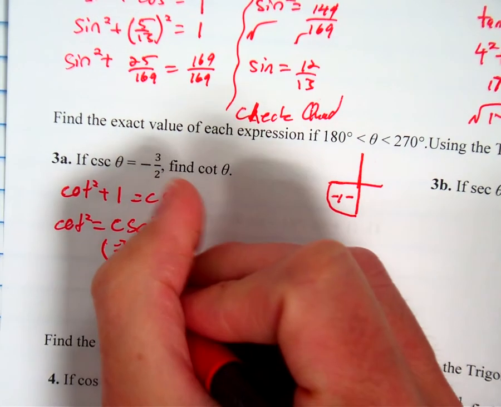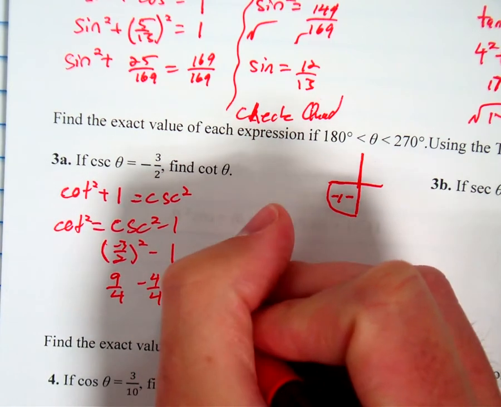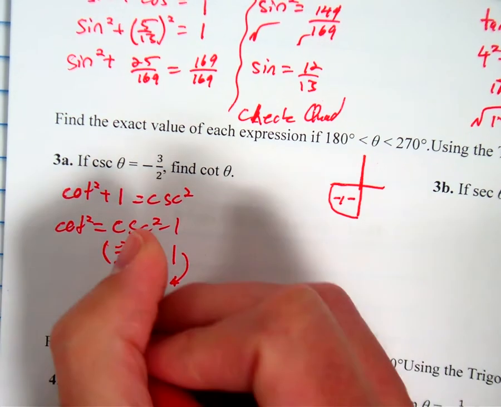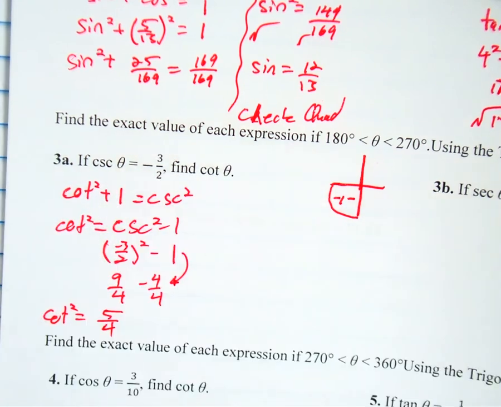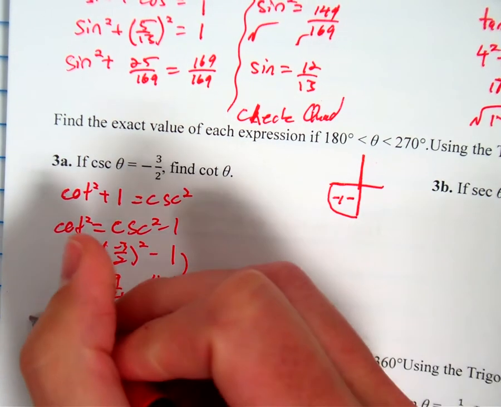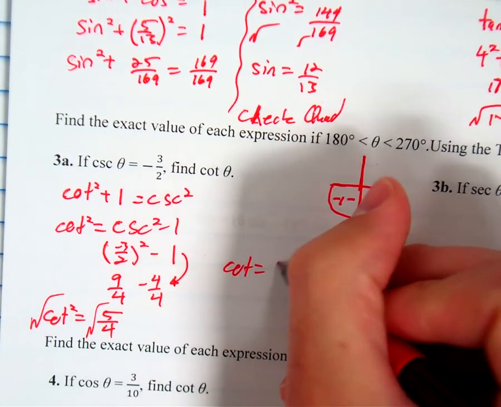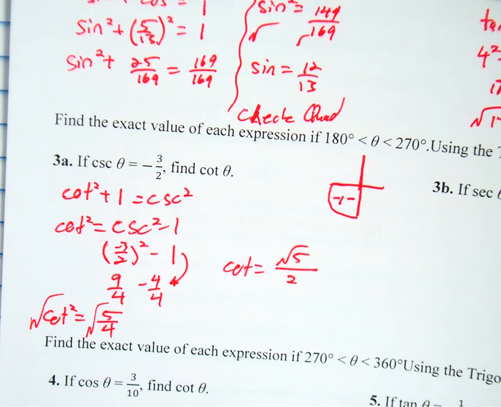That's going to be 9/4 minus 4/4. Change your 1 to 4/4. Okay, and we'll have 5/4. Square root. Okay, I can't do the square root of 5, so we leave that. I can do the square root of 4, it's 2.